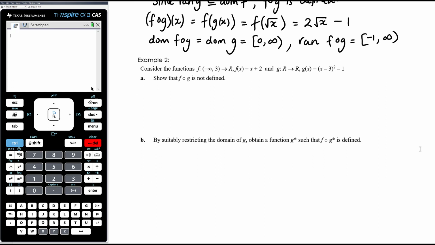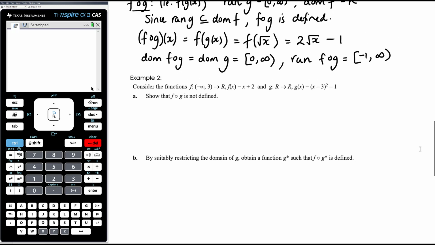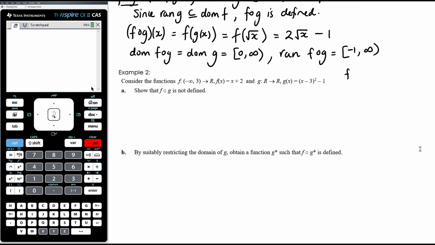Consider the functions f of x equals x plus 2, but over a restricted domain from negative infinity to 3, and g of x equals a parabola in turning point form, x minus 3 all squared minus 1. So let's just think about what these look like. f is a straight line graph, y equals x plus 2, but we're only looking at that from negative infinity up to 3.